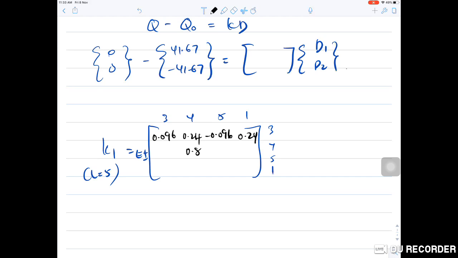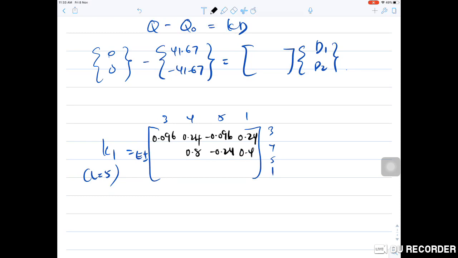Next, 6 divided by L cube gives negative 0.24. Then 2 divided by L is 0.4.